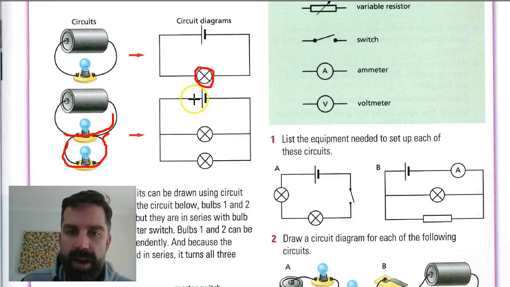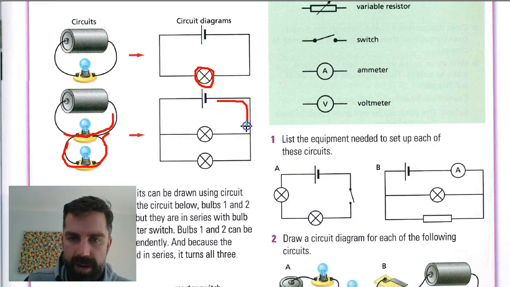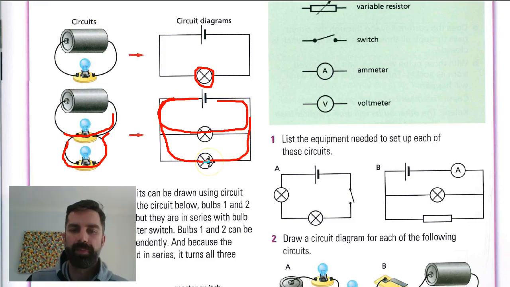If we want to draw that, we would draw the wires like we've got on the right-hand side here, showing that the current can go through the first one in one possible loop, or it can go through the second globe in another possible loop.